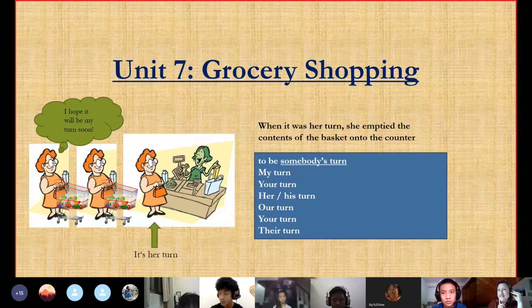Let me give you a hint. Maybe when we play a game. Chess. Very good. So for example, yes, in chess, can you explain a bit, Barry?